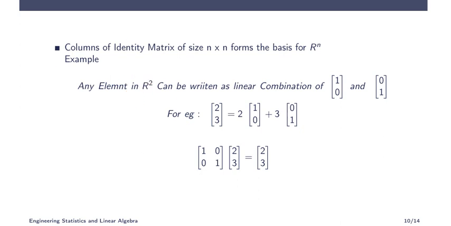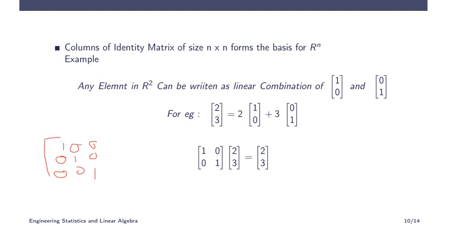If it is R3 instead of R2, what are the elements? The first basis vector will be 1 0 0 because this makes the x component. Next, the y component alone, 0 1 0, and the third one will be 0 0 1, that is the z component.